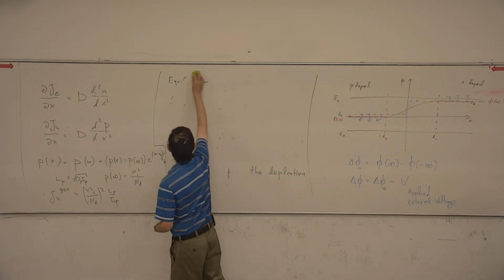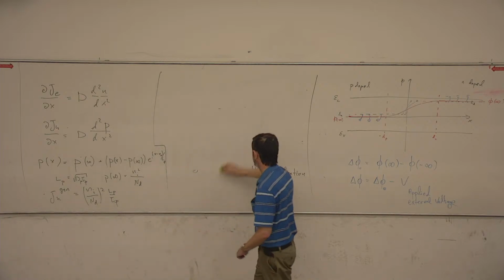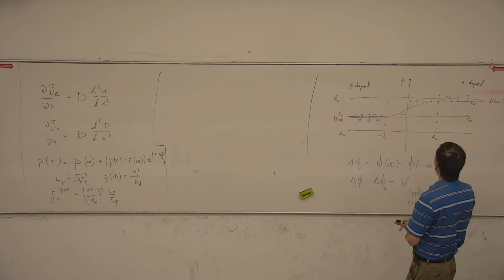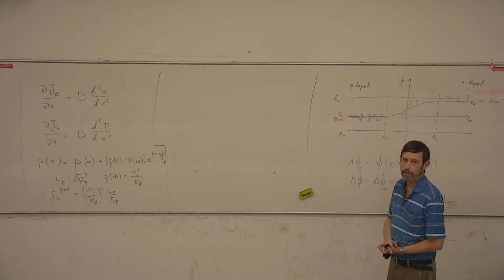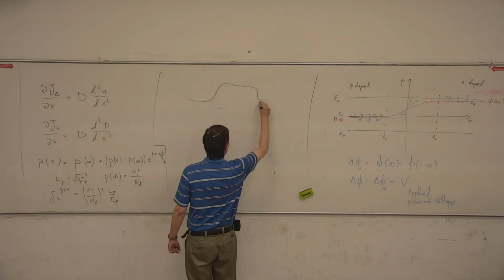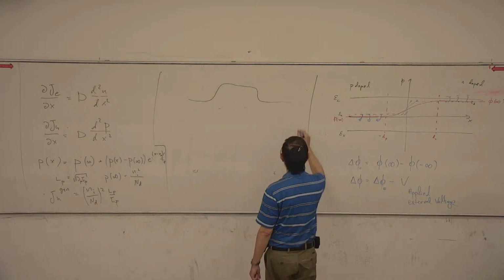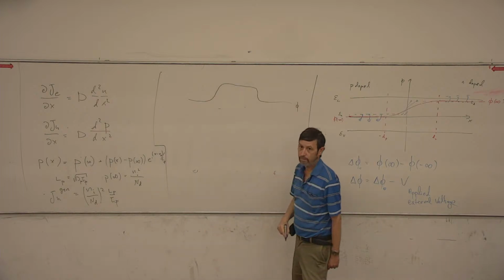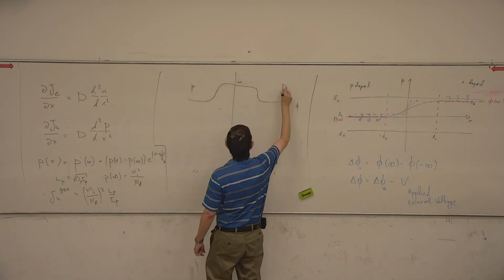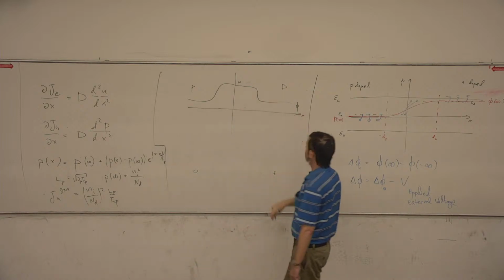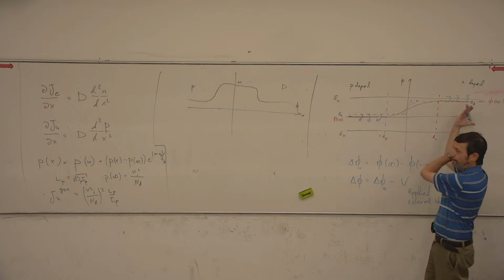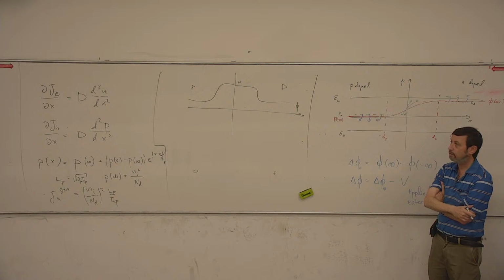Okay, so I'm putting a diode, let's say a PNP junction. Okay, let's take this picture and connect it back to back.